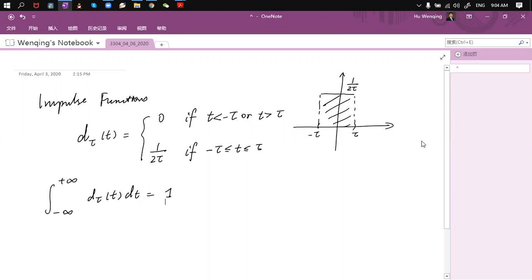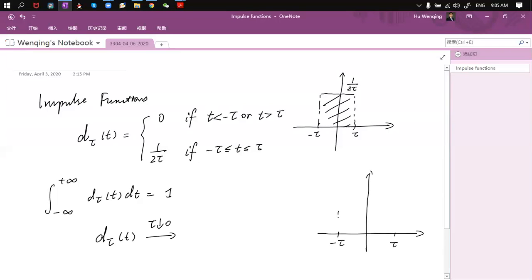And in particular, if we set d tau of t with tau going to 0, you're going to see a picture like this. You start from minus tau and end up with tau. If your tau is this value, this is your function.